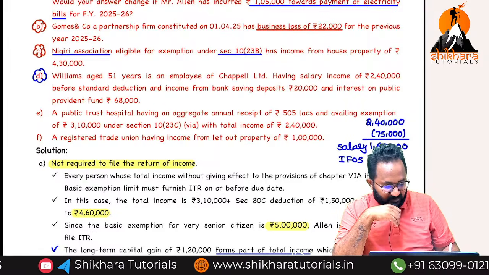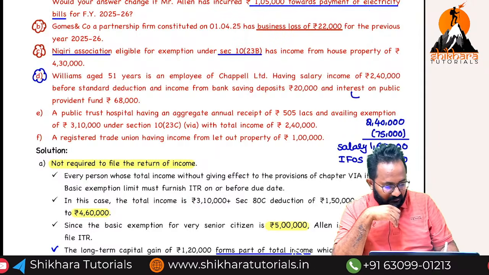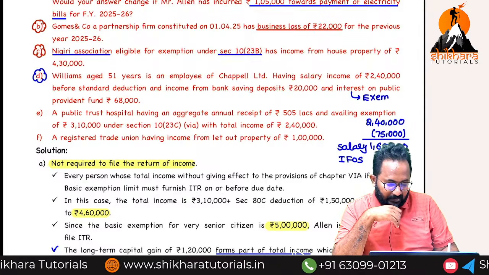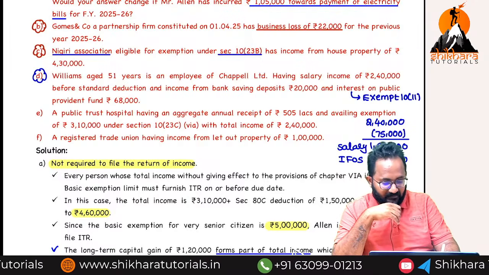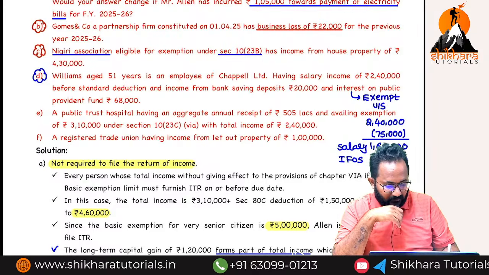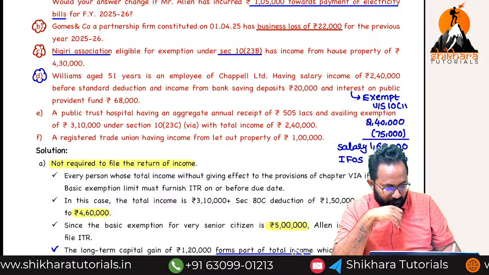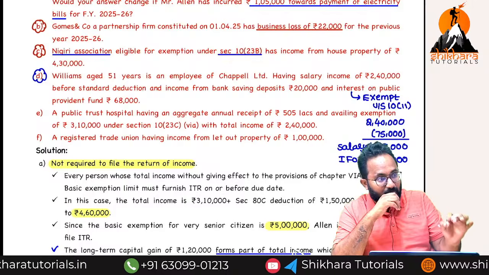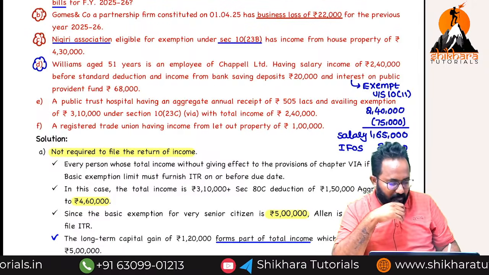Interest from savings bank account deposits is 20,000. Interest on public provident fund is exempt, not taxable. Remember, it is exempt under section 10 subsection 11. If you don't know this point, the entire answer will collapse. If you get any interest on public provident fund deposits, that interest is not taxable; it is exempt.